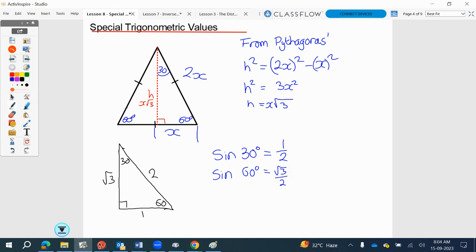While we're here, what is the sine of 90 degrees? What is the cosine of 30 degrees? What is the sine of 60 degrees? Oh, sorry, cosine of 60 degrees.